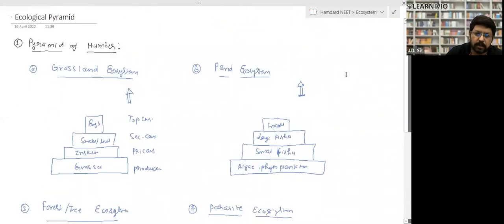Ecological pyramids are nothing but a representation of the trophic levels, right?